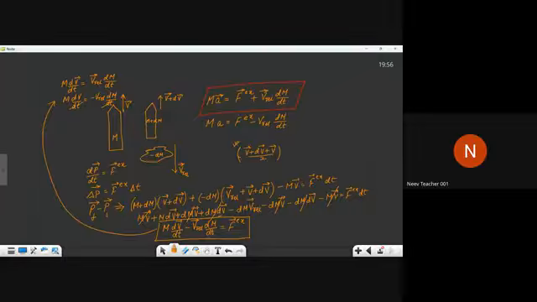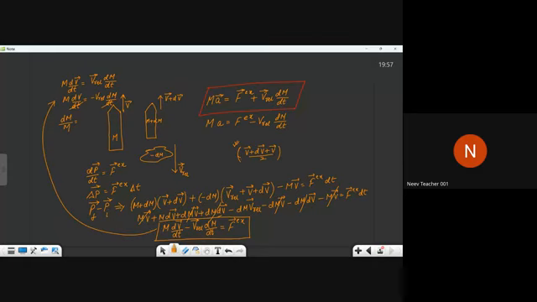What do we get from here? dm by m is equal to, sir, dv by minus v relative. Correct, okay, negative sign.